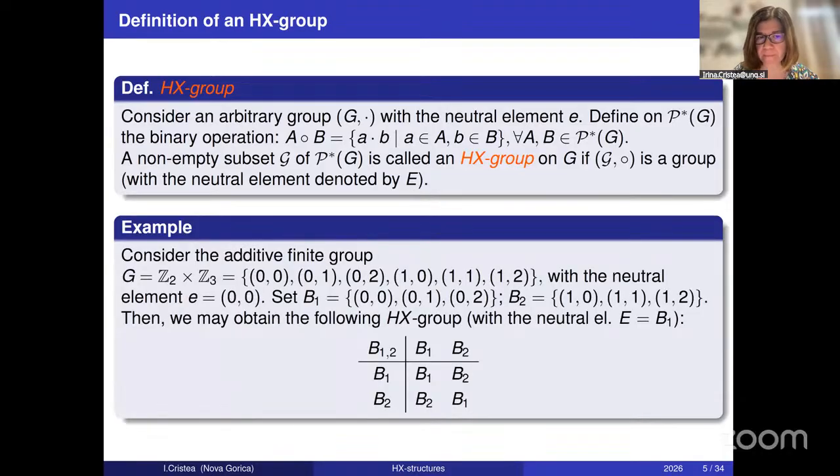A simple example. We start with the direct product between Z2 and Z3. The neutral element is the element (0,0). I consider two sets B1 and B2, and then we can obtain the following HX group with the neutral element E being equal to the set B1.